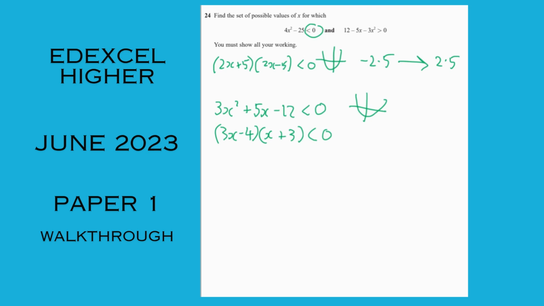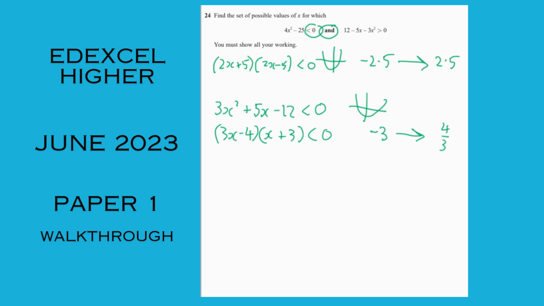So our solutions, or in other words, our critical values, are negative 3 up to the solution here, which is 1 1/3, or in other words, 4/3. So the set of values, it must satisfy both.